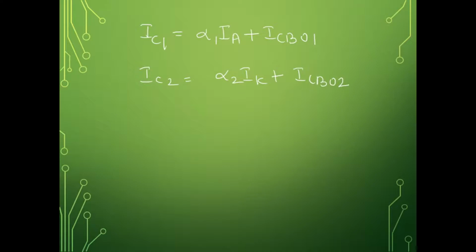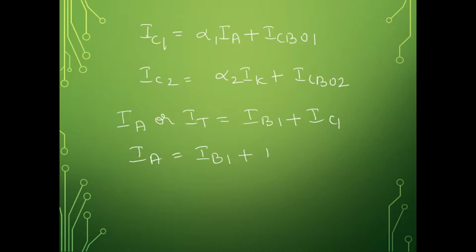Now if you have noted down this circuit, we can observe clearly that our total anode current, IA or IT, is equal to IB1 plus IC1. So I will rewrite: IA is nothing but IB1 plus IC1.